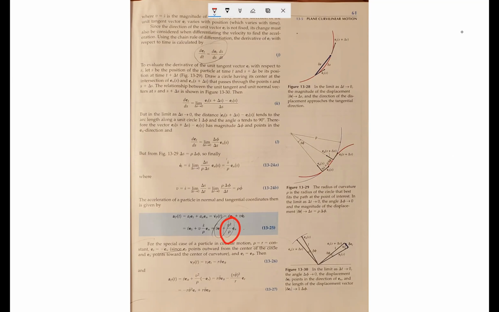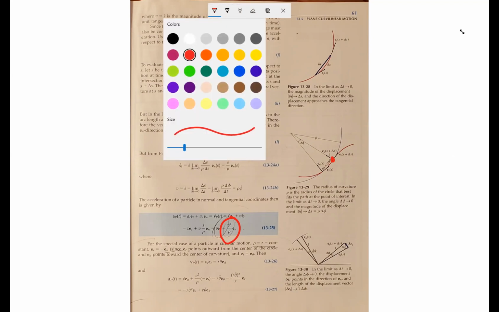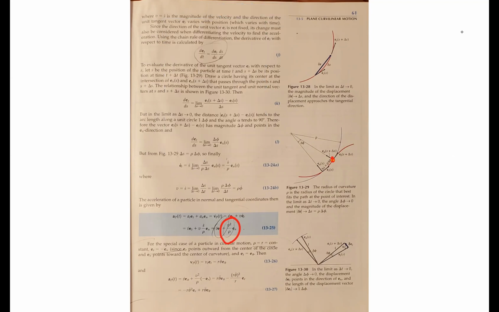If you say, I care about the particle's position at this time, at this location that I just drew a dot, then there is a tangential trajectory. And therefore, that implies that there is a circular curve that passes through that point and only that point.